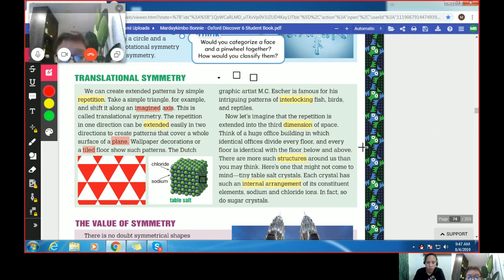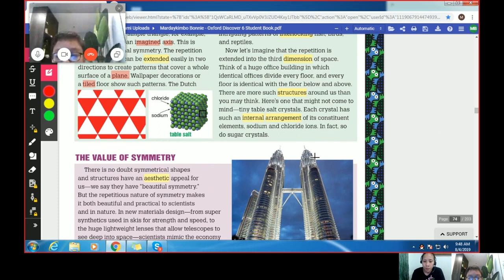There is much more structure around us than you may think. Here's one that might not come to mind: tiny table salt crystals. Each crystal has such an internal arrangement of its constituent elements, sodium and chloride ions. In fact, so do sugar crystals.